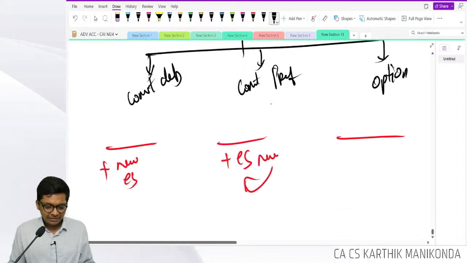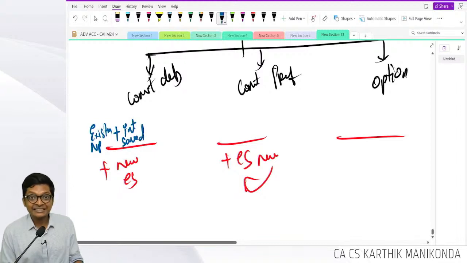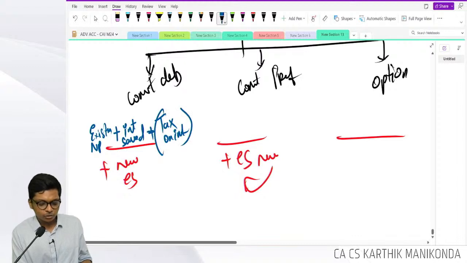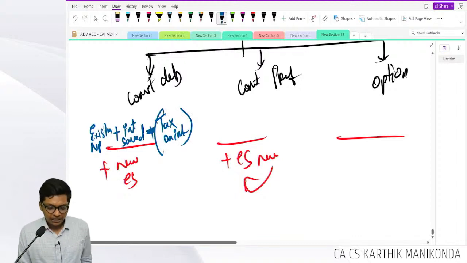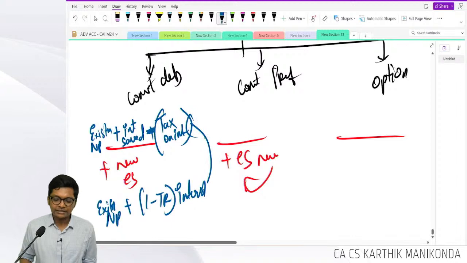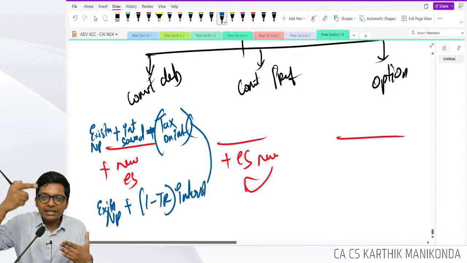What the formula says is, your numerator over here will be existing net profit plus interest saved minus tax on interest. In other words, it is existing net profit plus interest saved, times 1 minus tax rate.